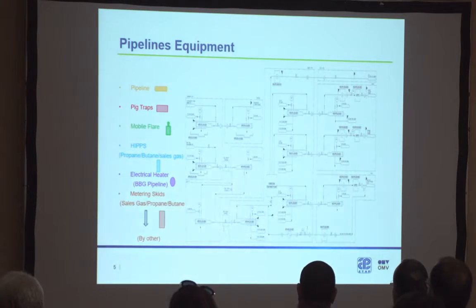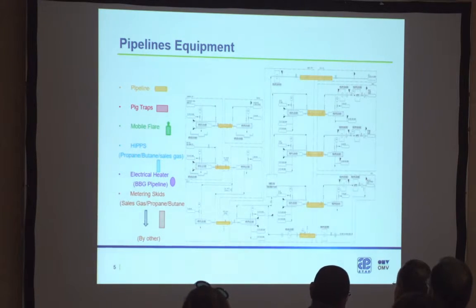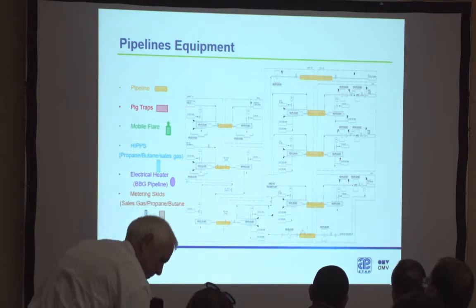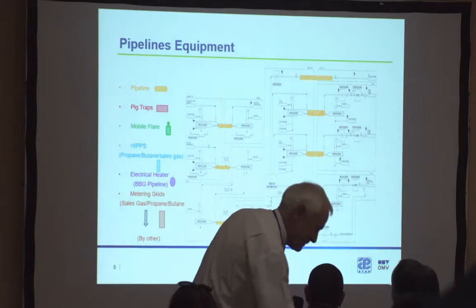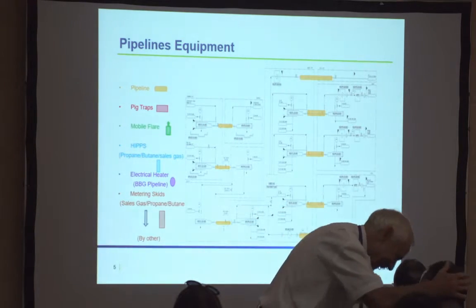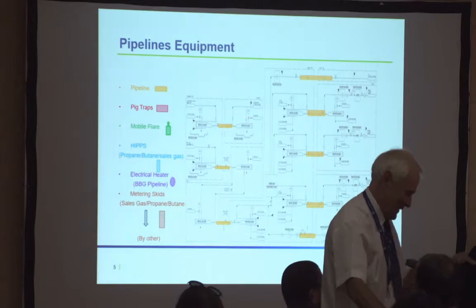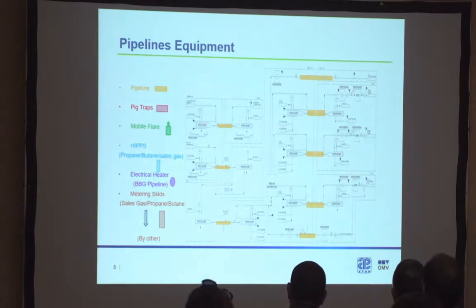Okay, so for the equipment of the pipelines, as I said, 10 pipelines. 1 main gas from CPF. This is the stabilized condensate from CPF to TRAPSA, main pipeline, intermediate pig receiver and launcher.